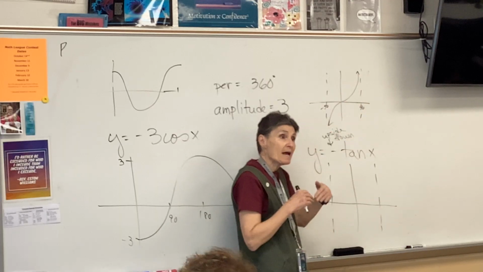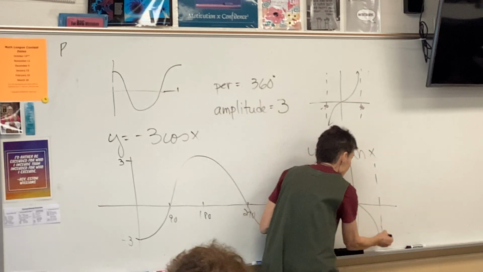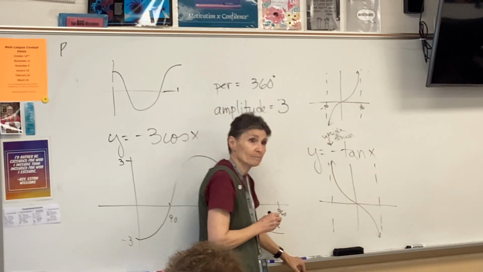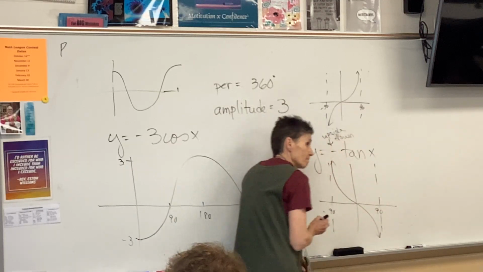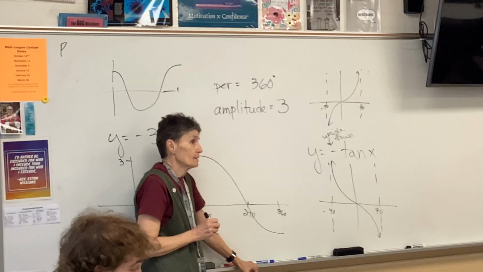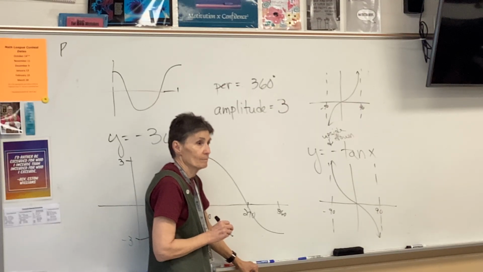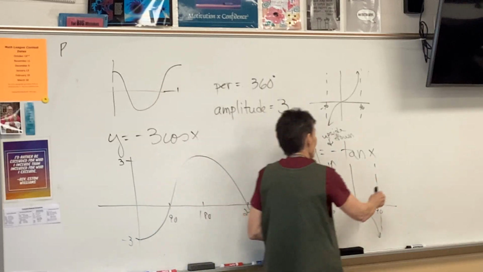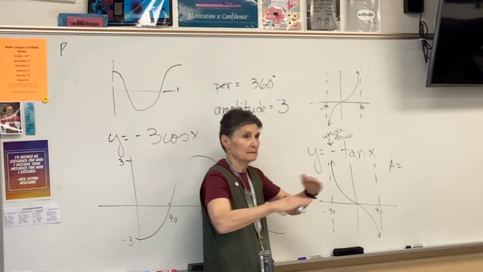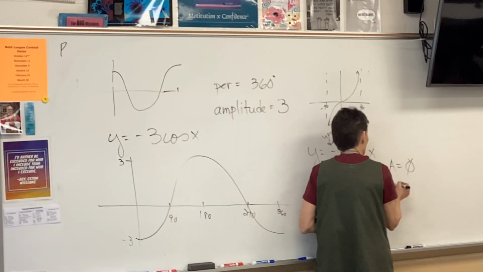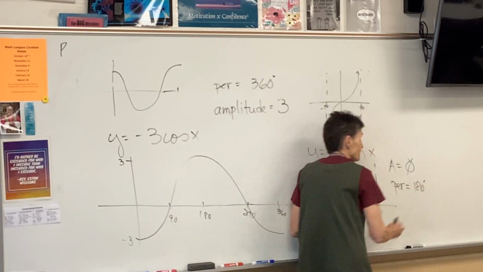If I turn it upside down, it's going to start up and end down. Does that make sense to you? Haven't changed the labels. Just flipped it upside down. What is my amplitude? This is a tangent curve. What is my amplitude? None. What is my period? 180. Haven't changed it. It's still 180.